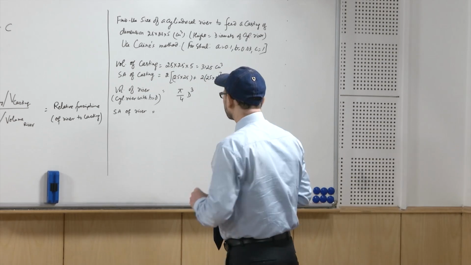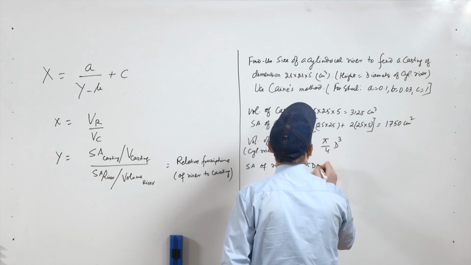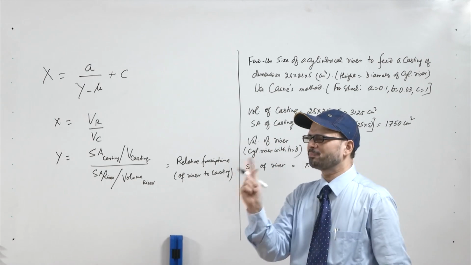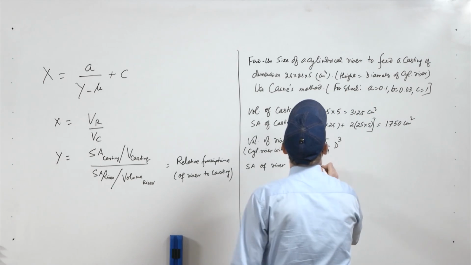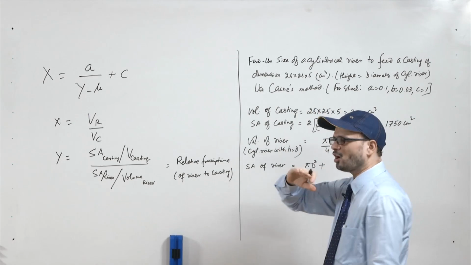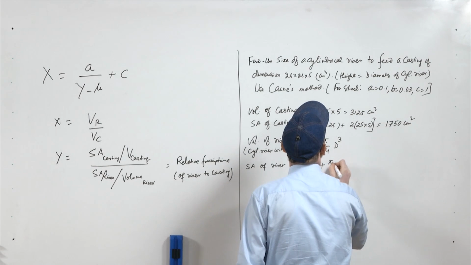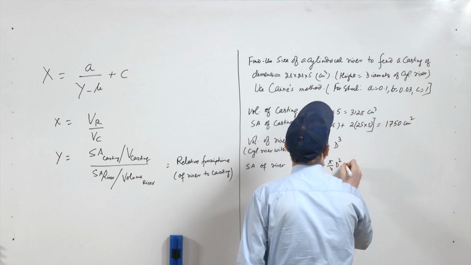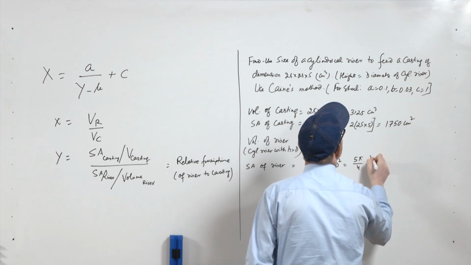So, the surface area becomes pi d square, where pi d is the perimeter and d is the height, plus the top surface area, that is pi by 4 d square. So, that comes out to be 5 pi by 4 d square.